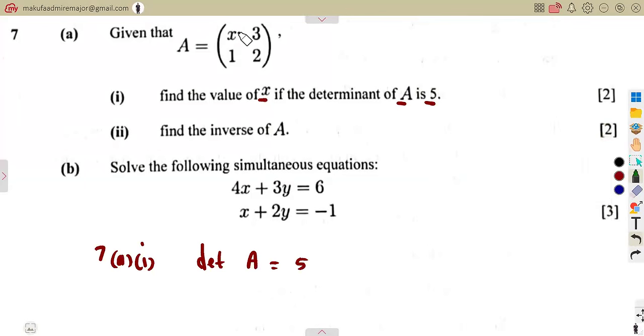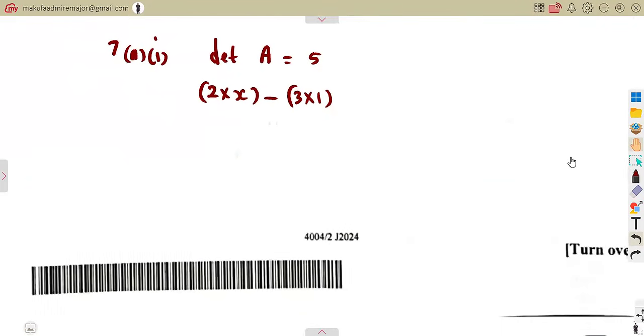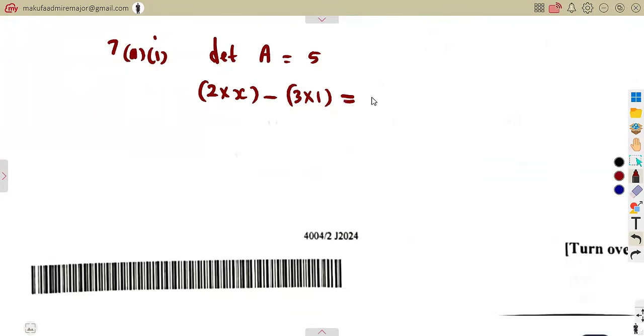Remember, your determinant is the product of what is in the major diagonal, the x and the 2, that is 2 times x, minus what is in the minor diagonal, the one that has 3 and 1. So you multiply 3 times 1. This is how you calculate your determinant. But you are given that it is equal to 5. So what have you formed? You have formed an equation.